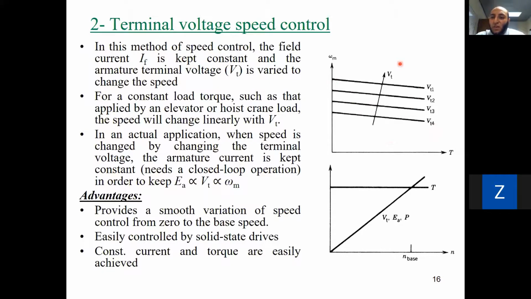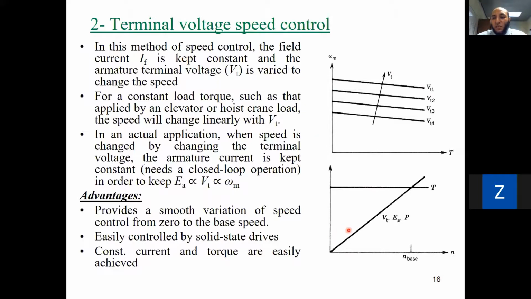And if we increase the voltage, the characteristic of the machine will be moved up. However, we have limitation for increasing voltage. As you know, for any kind of machines, you cannot increase the voltage over 10% of the rated voltage. Otherwise, you will affect the insulations of the winding.